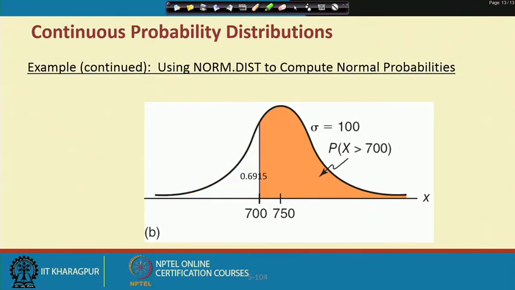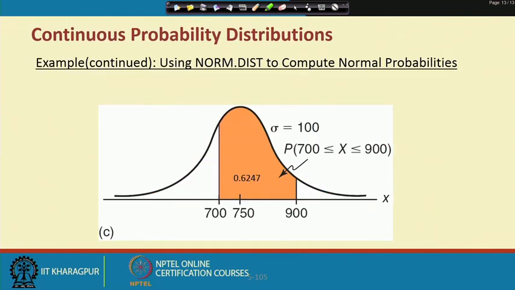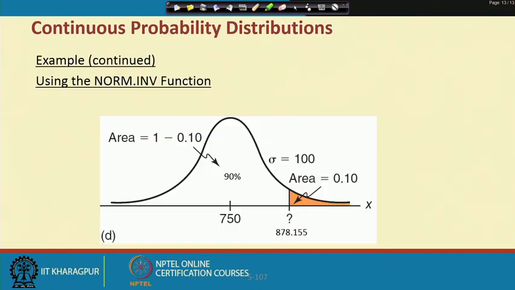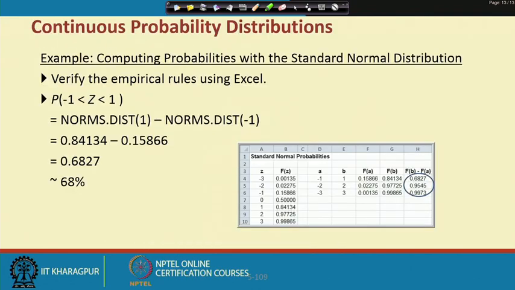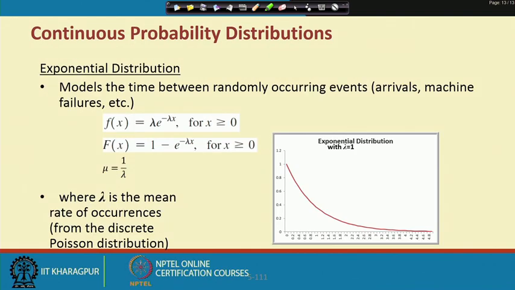There are different instances depending upon left skewed, right skewed, left tail, right tail. This is another kind of exponential distribution, and again it is one of the basic requirements of engineering econometrics modeling, which will be used at a later stage.